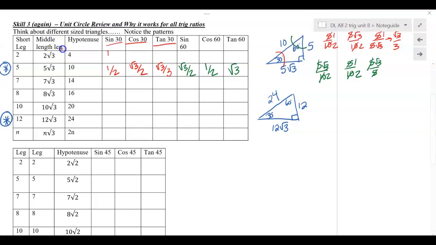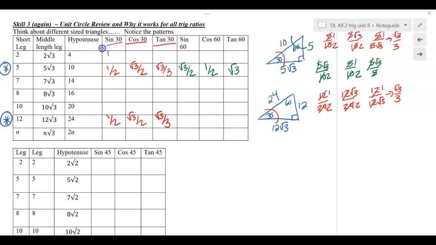If I go through again and focus on the 30-degree angle and do the same calculations as before, the sine is opposite over hypotenuse, which reduces to 1/2, the cosine is adjacent over hypotenuse, which reduces to rad 3 over 2, and the tangent is opposite over adjacent, which reduces to 1 over rad 3, and we know can be rationalized to rad 3 over 3.